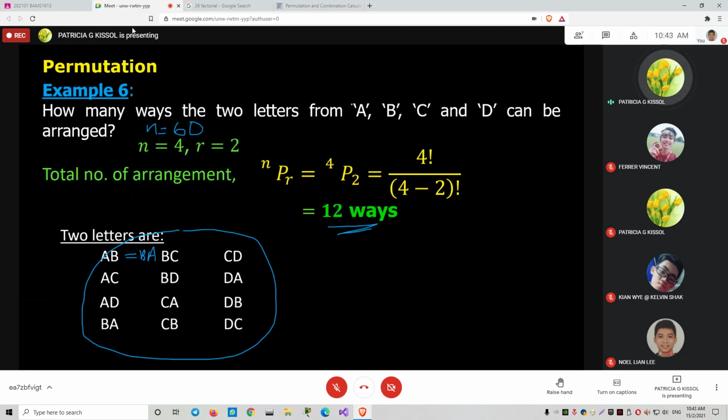So you need to understand that the idea of permutation is concerned with selecting how many R you want to select from that group of N, such that the position is important, order is important. I hope that is clear. I hope you understand the idea of it.